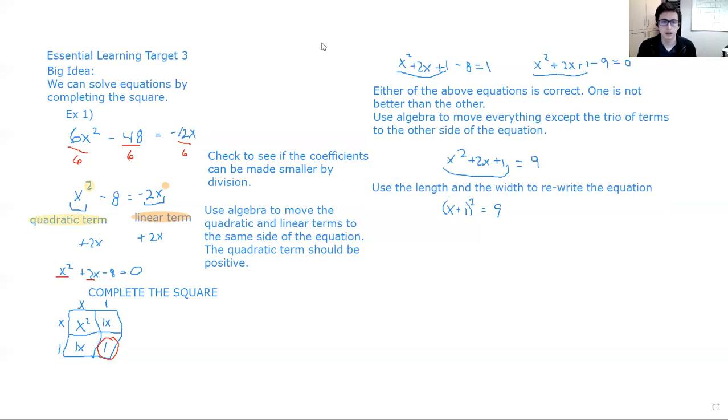Okay, I'm going to go ahead and color code this. So the length and the width are here and here. And that's what goes here.